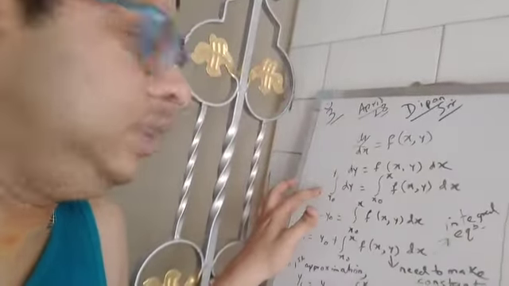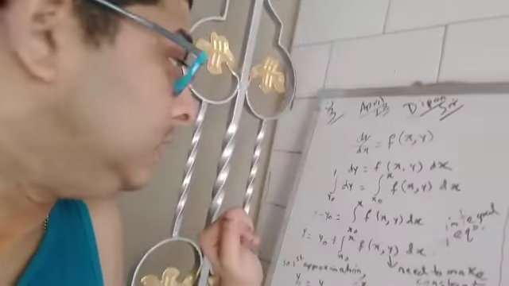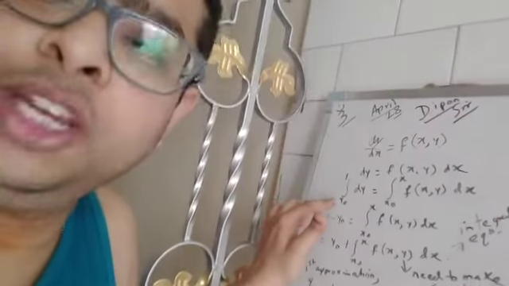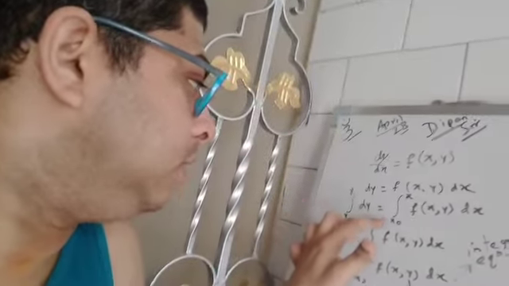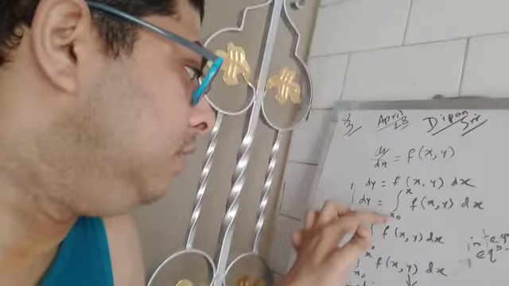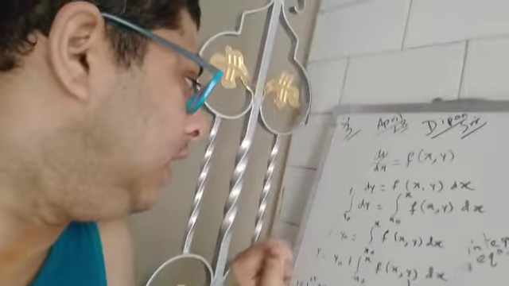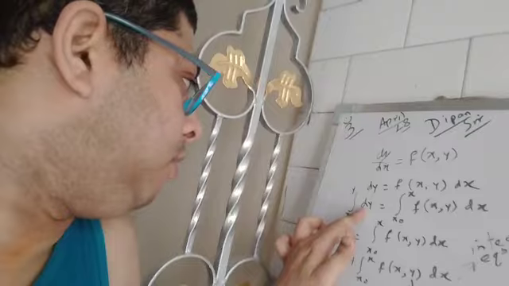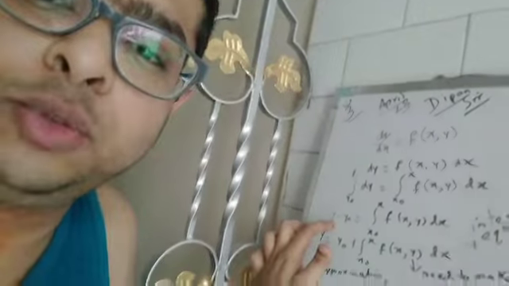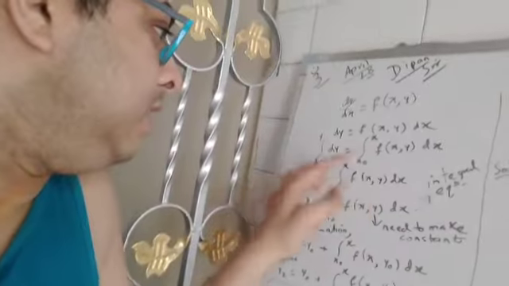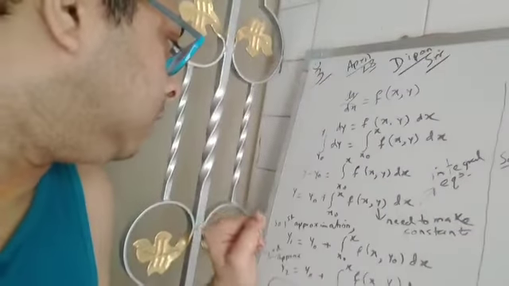And if you now integrate both sides from some initial value of x to an arbitrary value of x, then from dy you will get just y. If you put the limits you will get y minus y0, and this thing will remain the same.